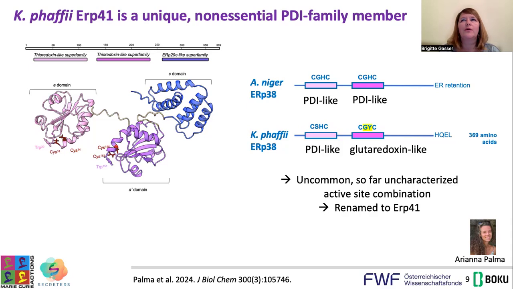When we looked for homologs in other species, we only found very few of them. One in the yeast Yarrowia lipolytica, a few in Schizosaccharomyces, but not in any other yeasts, a few in some parasites and plants, but nothing functionally related. So Ariana went back to Ollo in order to characterize ERP41 in more detail.